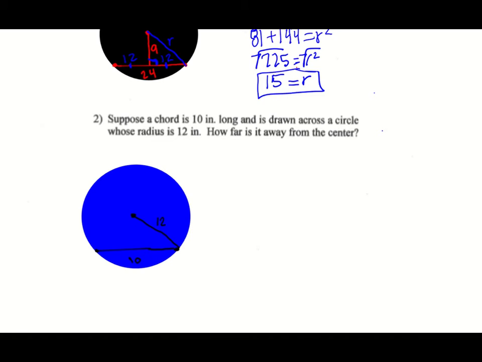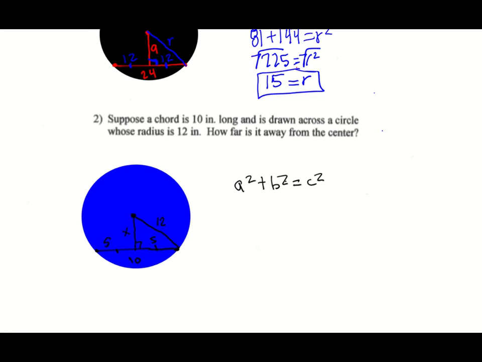So we have a similar drawing to above, but this time we want to figure out what this distance is, x. Again, we know that this is 90 degrees, so the chord is going to split into two equal pieces, which means both of these are going to be 5. And again, we have a right triangle, so we can use our Pythagorean theorem to figure out what that x is.